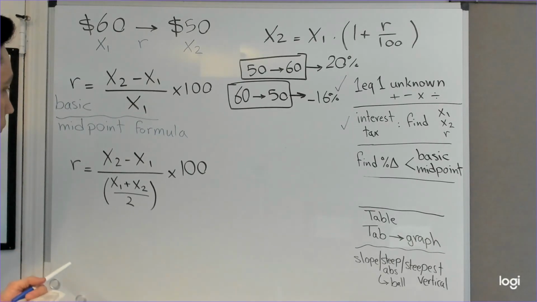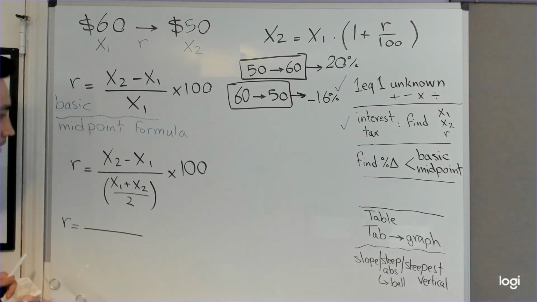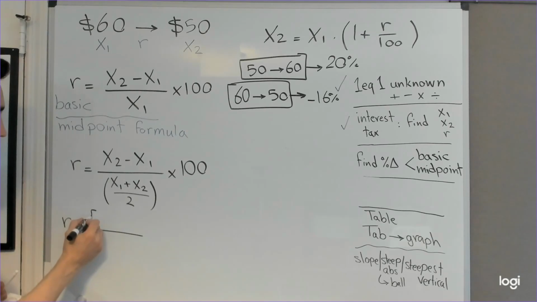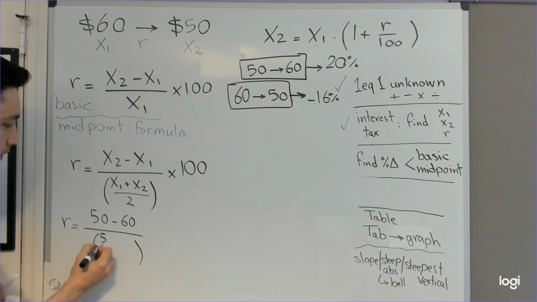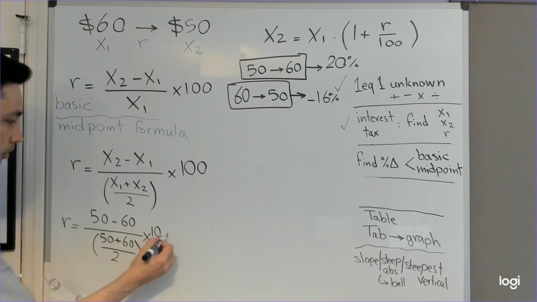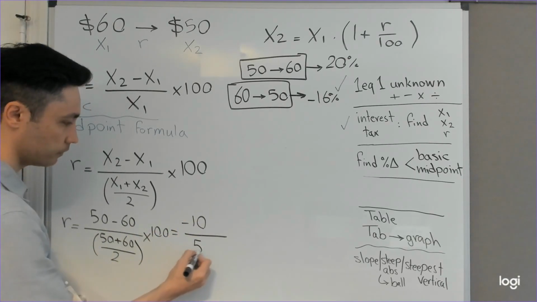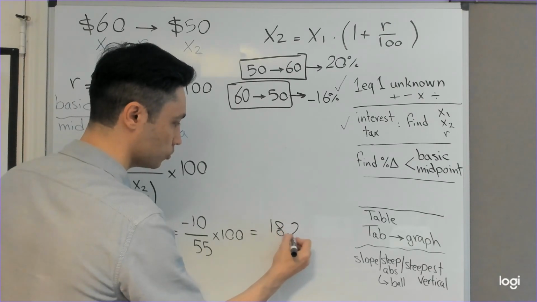By that I mean, if you do the calculations for this one, if you plug in the values, your percentage change, in this case you go from 60 to 50, is going to be 50 minus 60 over 50 plus 60 over 2 times 100. And this is minus 10 over 55 times 100, 18.2%.